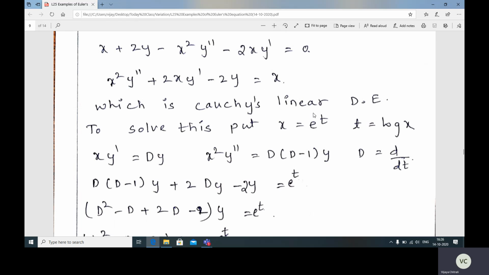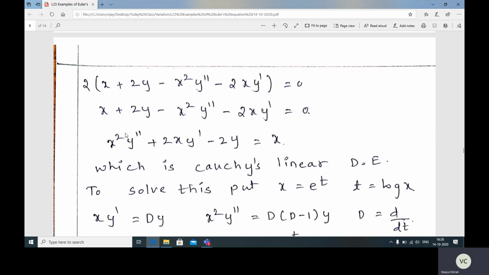Now keep this x as it is, and move the other terms from LHS to RHS. So you will get x²y'' plus, because the minus is there, it comes this side, x²y'' minus 2xy' minus 2y, and x will be as it is. We are not doing anything to this x.